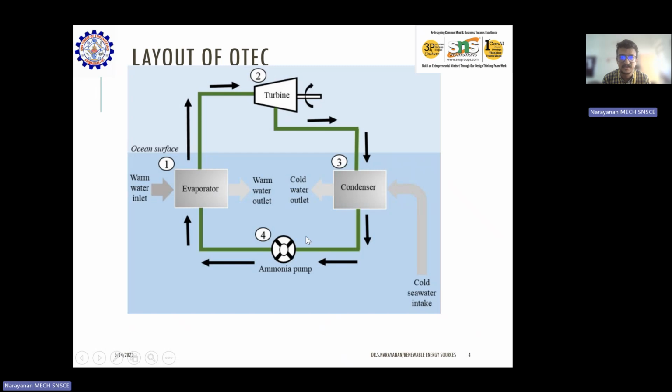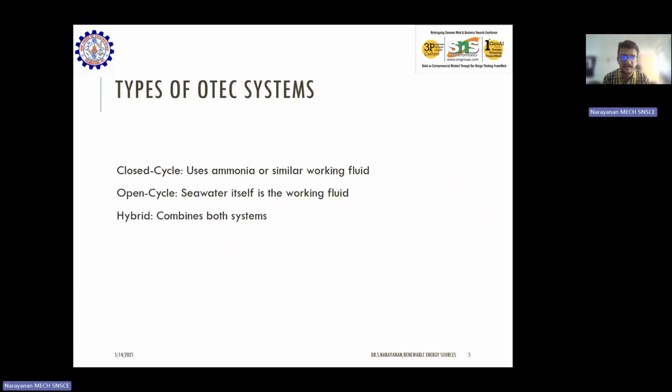So this is a closed cycle OTEC, that is, closed cycle ocean thermal energy conversion. And there is another type which is called open cycle, where seawater itself will be the working fluid. Hot water from the top surface will be evaporated, and again cold water from the bottom surface will be used for condensing the steam.